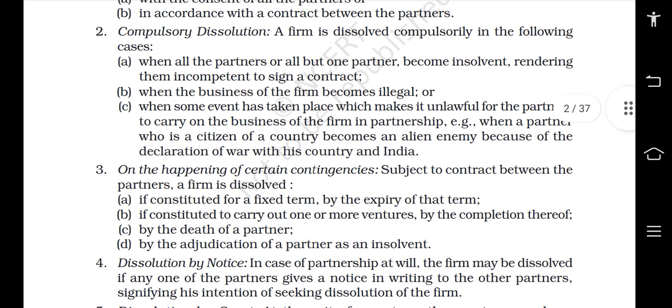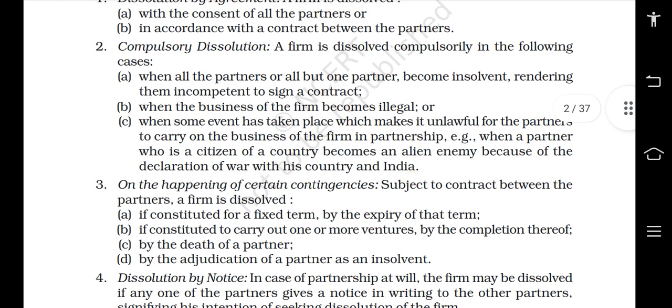In this case, three partners are there, and one partner becomes an alien enemy. How did he become an alien enemy? Because India declares a war against a country and this person belongs to that particular country. At that time he automatically becomes an alien enemy, so the business cannot be carried on with him. At that time also the court orders to dissolve the firm.